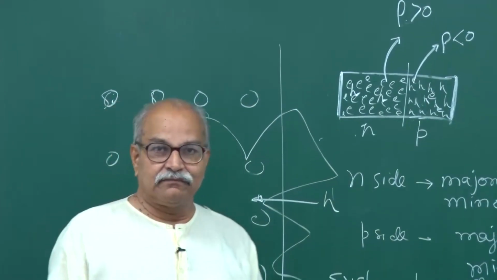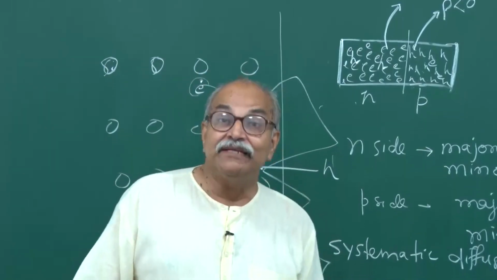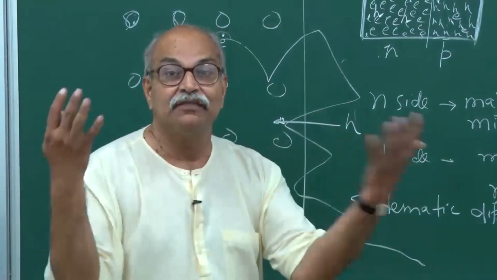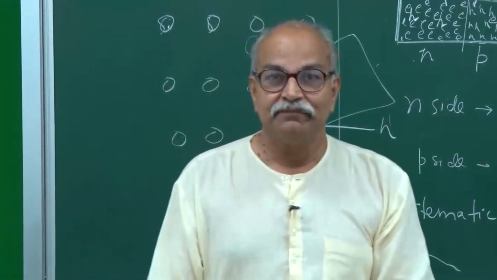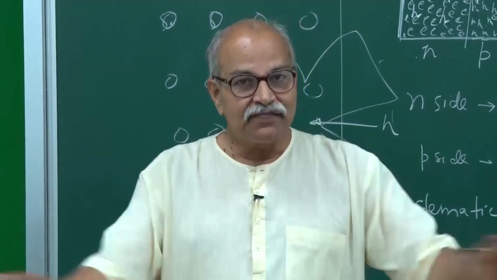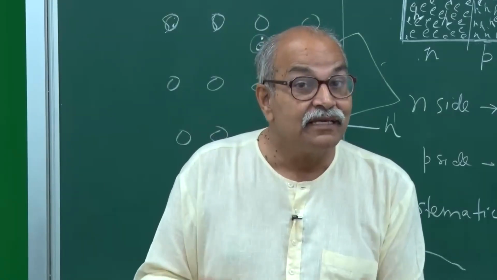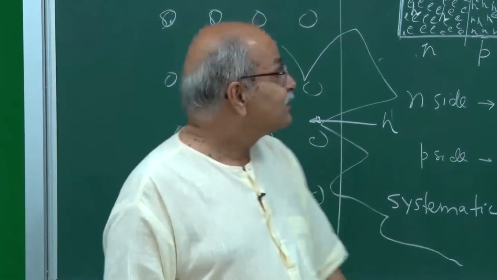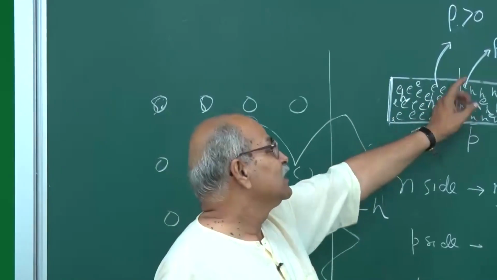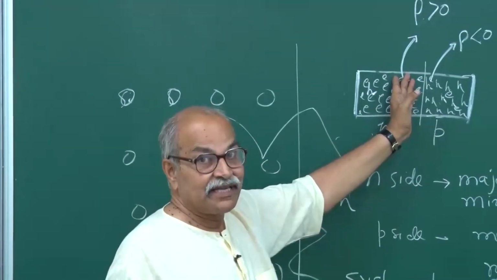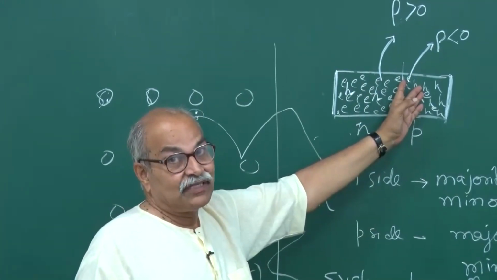So, in an N type or P type semiconductor, if you just have one semiconductor, P type, you do not have charge density, but if you make this junction, a PN junction, then the charge density will appear. You will have positive charge density on one side, negative charge density on the other side.